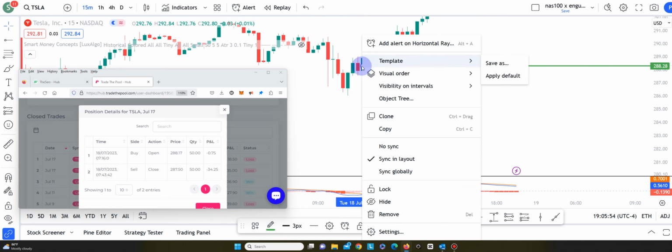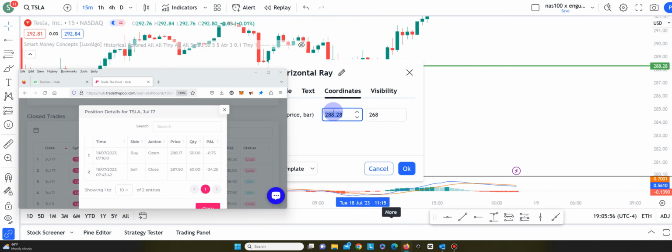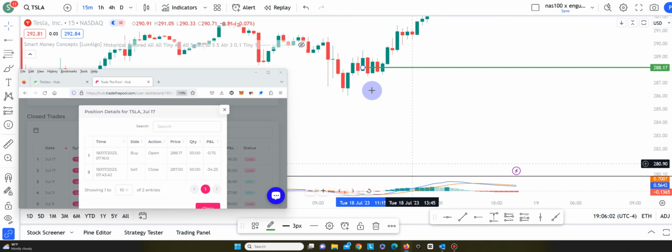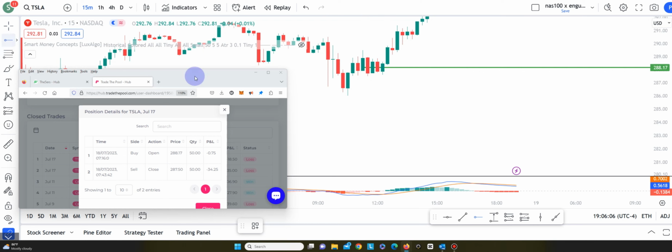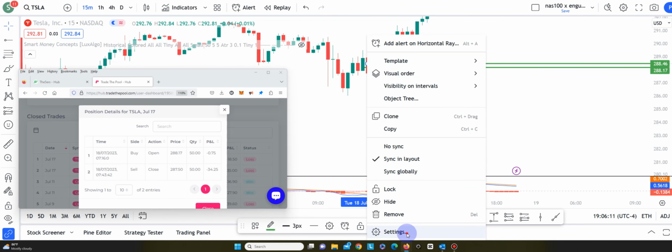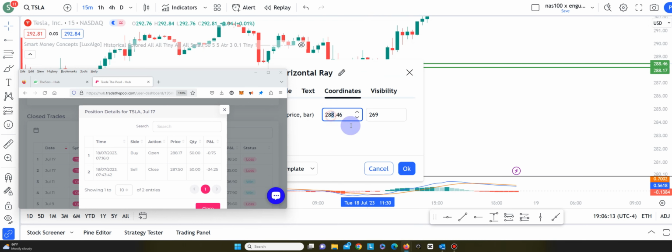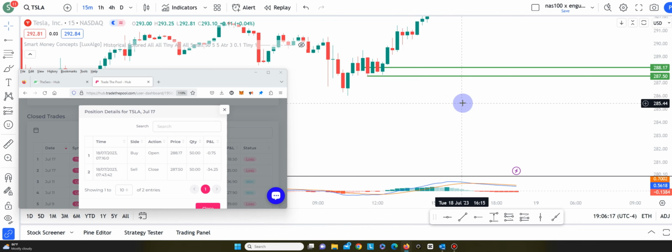I think it's the 11:15. If it's not, well, we'll try to draw from there. I'm thinking it's the 11, and then I got stopped out on the 11:30. Let's check it out on 11:30. Does this make sense at 287.50? That actually makes sense. So for a total loss of 34.50.